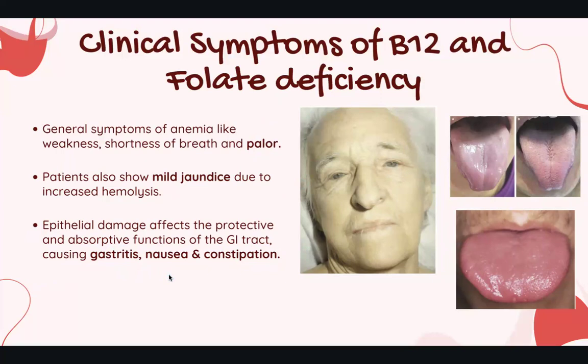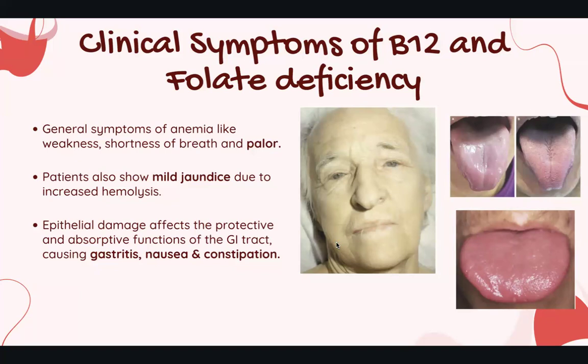So in megaloblastic anemia, I'm going to repeat the jaundice part. Your RBCs are abnormally large and fragile, okay? And these cells break down prematurely in the bone marrow due to ineffective erythropoiesis. So this leads to increased destruction of these RBCs.